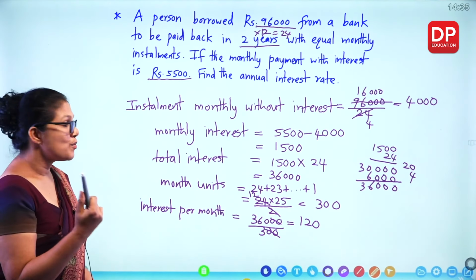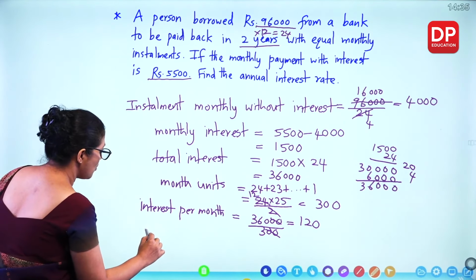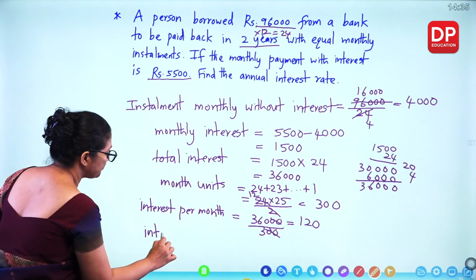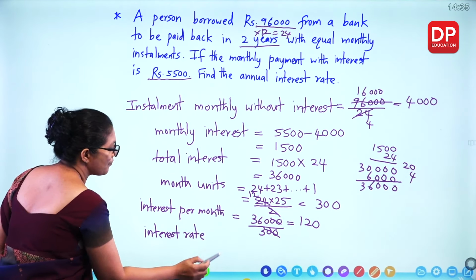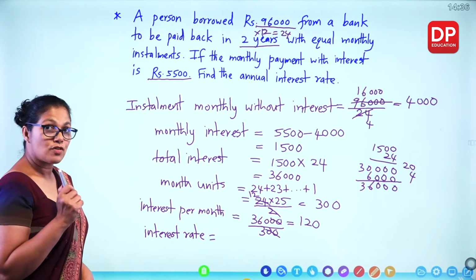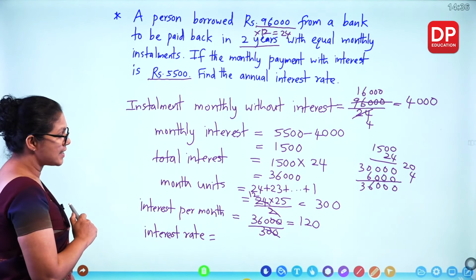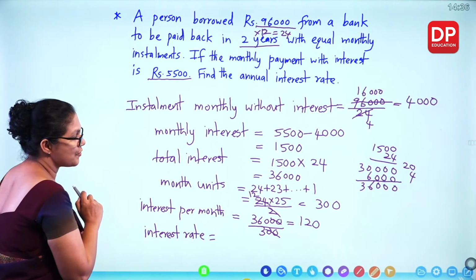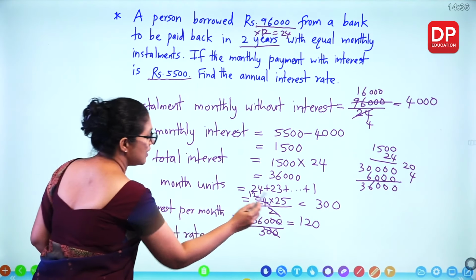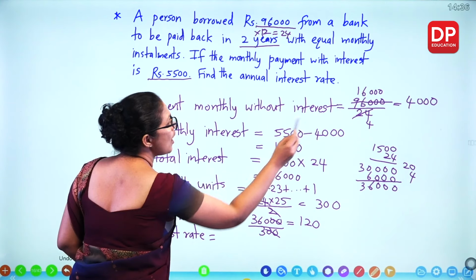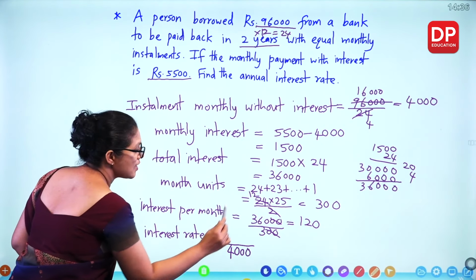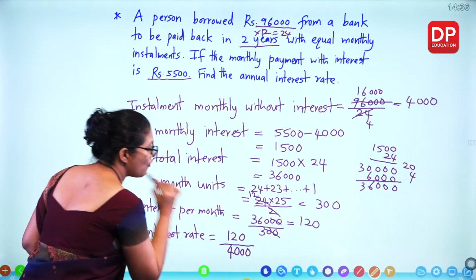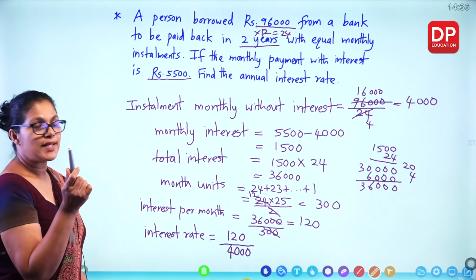So what's the annual interest rate? Annual interest rate is, 4,000 we have to pay without interest, and for 4,000 that's 120.